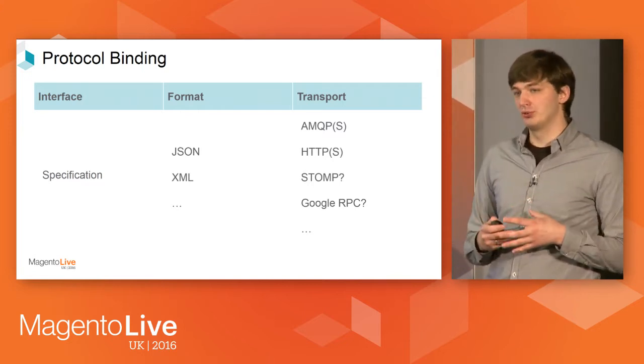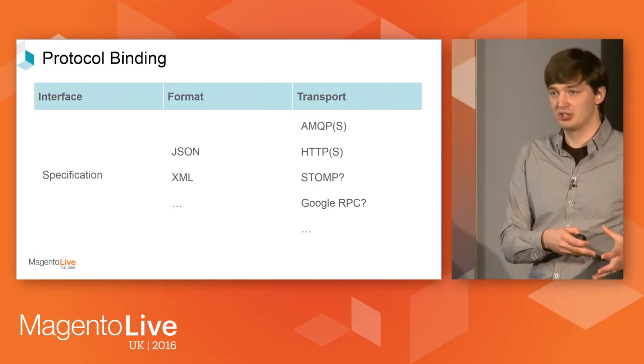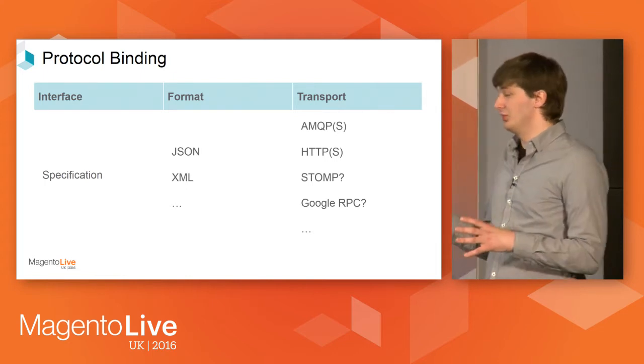Those are sets of rules of how you do requests defined by specification using a particular protocol. So for example, JSON says, in order to serialize the request in JSON, you simply use the same structure as you have defined in the specification. If specification says there is a structure with 2 fields, you create a JSON object with 2 properties.